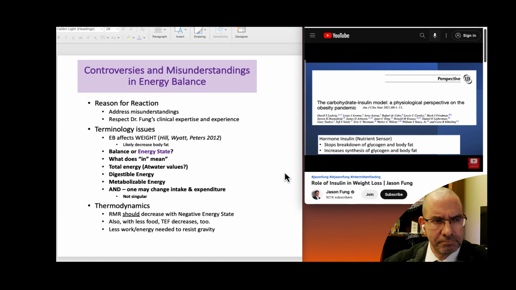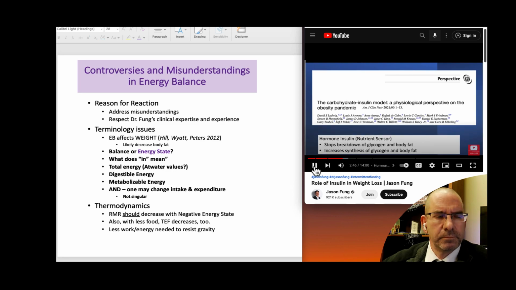But the main hormone is insulin. And what we know about insulin is that when you eat, particularly carbohydrates, but also proteins, the hormone insulin is going to go up. So this is called a nutrient sensor. It tells the body that nutrients are coming in. When it does, it's going to stop the breakdown. It tells the body that nutrients are coming.